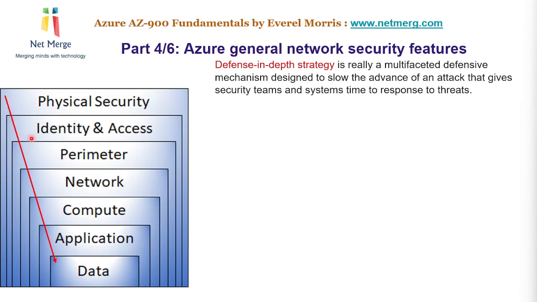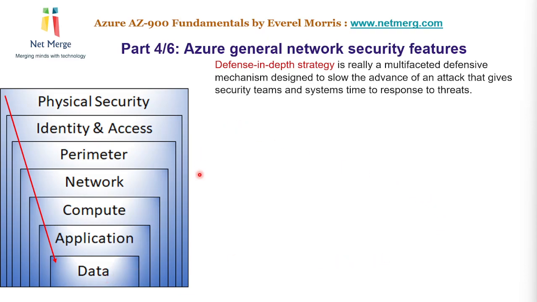So what I'm going to be doing is going through each of these layers: the physical security layer, the identity and access layer, the perimeter layer, the network layer, the compute layer, the application layer, and then the data layer. The data is at the nucleus of your apparatus. It is what you're actually trying to protect, what you're trying to safeguard.